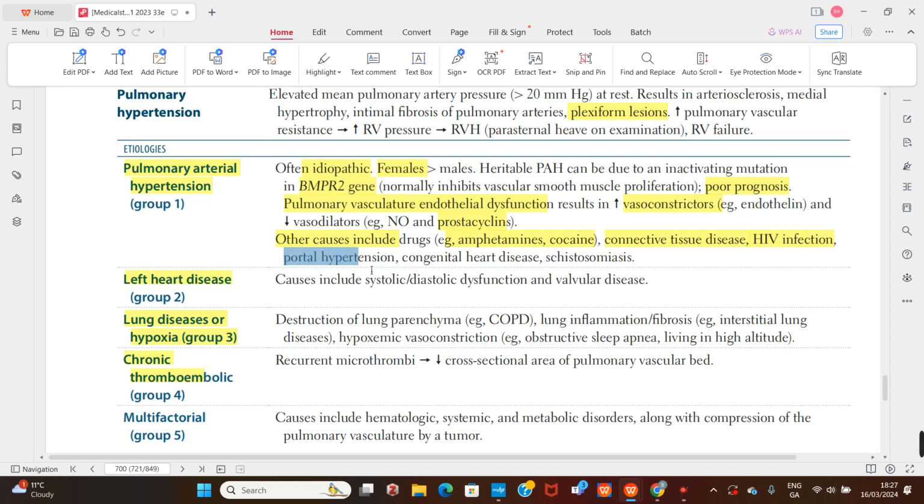The portal hypertension one is associated with a drop in serotonin levels. We remember that in portal hypertension, there is reduced flow to the liver. Blood is not actually getting to the liver. So blood is supposed to be filtered, the inflammatory mediators and vasoactive agents are supposed to be removed from the blood coming from the intestine, but they are not removed.